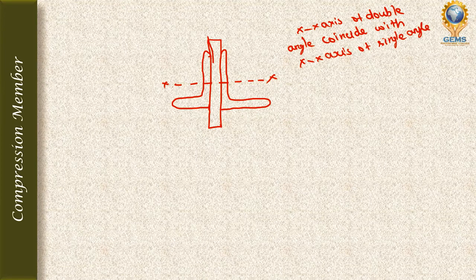So it coincides. So we can take RXS value from the steel table, that is 31.8 mm.